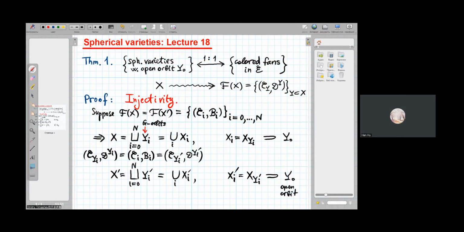And the theorem which I just quoted says that the identity map on this open orbit extends uniquely to a G-equivariant isomorphism from this variety to this one. So there is a unique isomorphism extending the identity map on the open orbit.